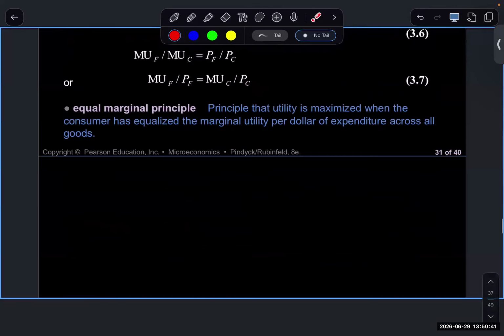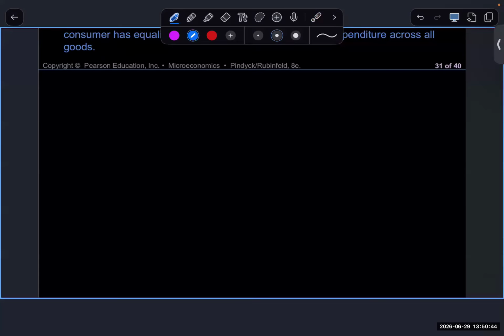Okay, let's derive it together. So basically, if you are on an indifference curve, you get something and then you lose something. Suppose, because we are on one indifference curve, the utility is constant, right? And suppose you gain some food, but you lose some clothing.